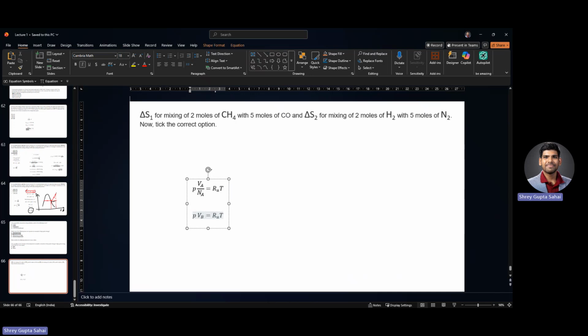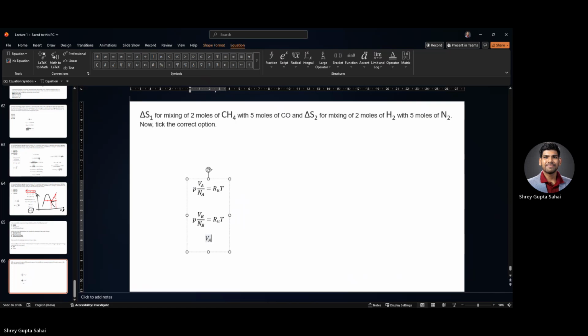So you note that if the pressure and temperature are the same, this V, the volume it occupies, is directly proportional to the number of moles; the ratio is constant, which depends on your pressure and temperature.